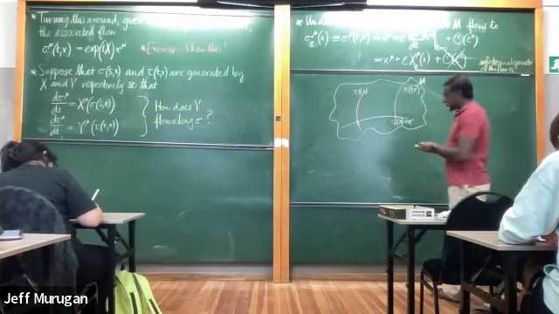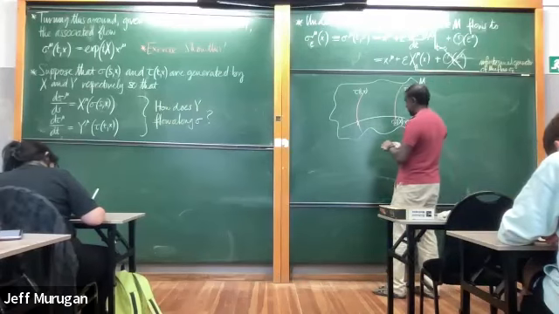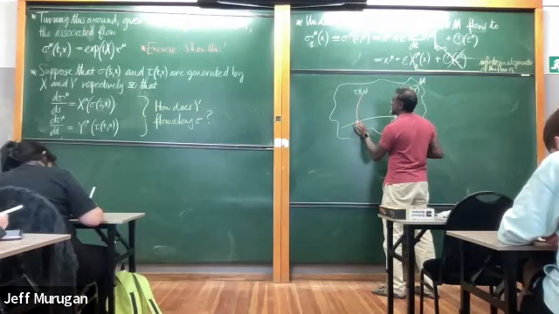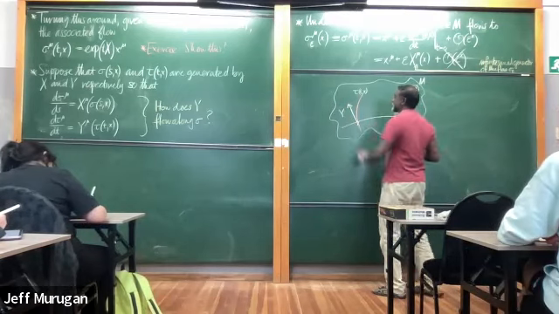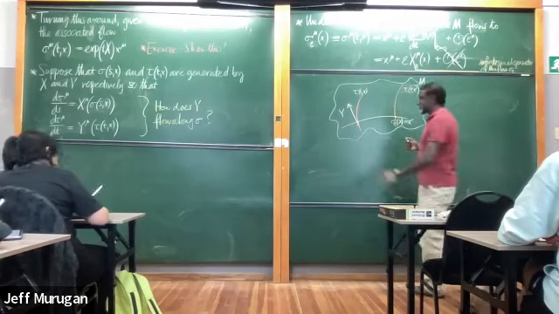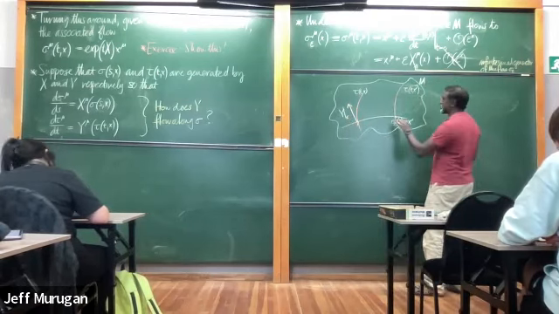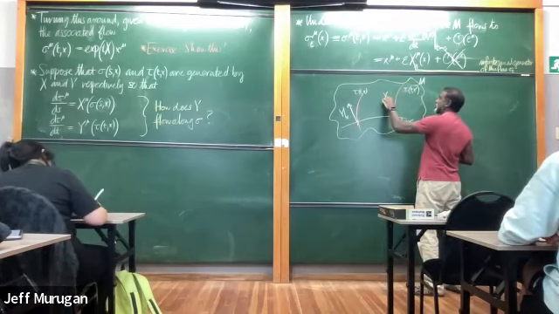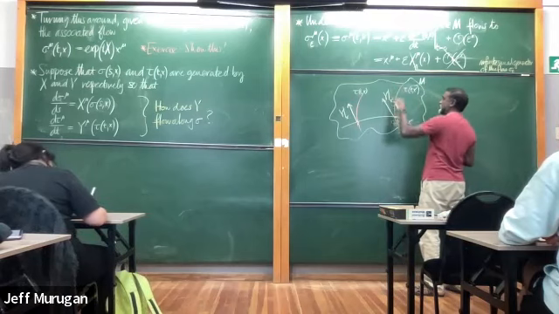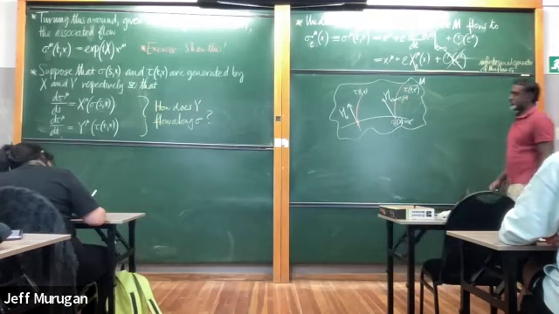So this is the vector y at x. This is the vector y at x prime, which is sigma epsilon of x.